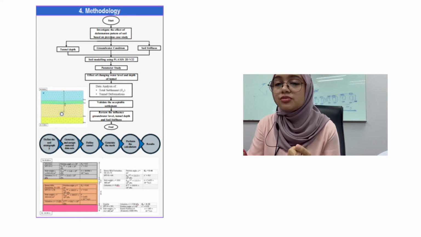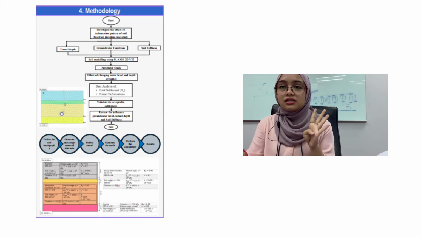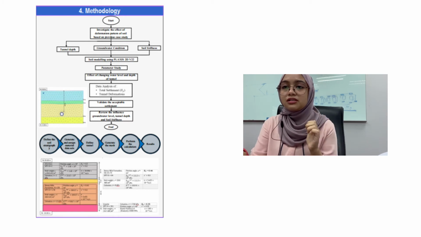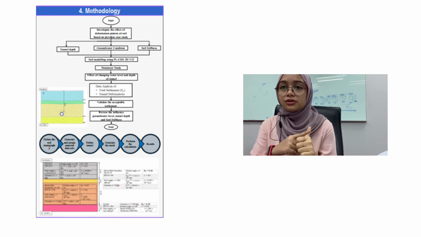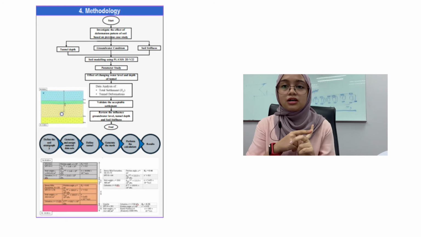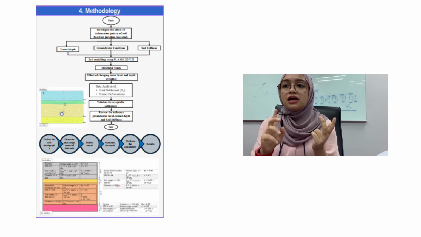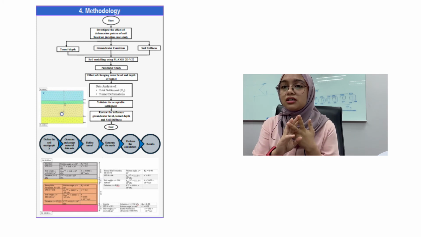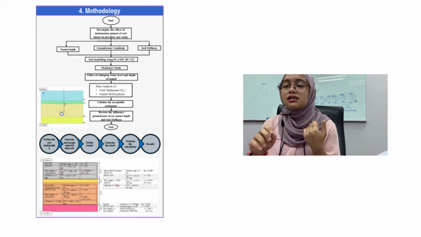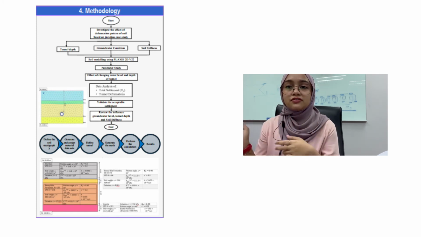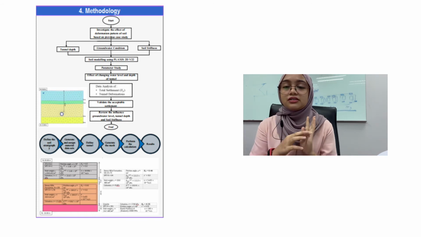So there will be 4 formations that I will implement, which are the alluvium, Kenny Hill formation with SPT N more than 150, Kenny Hill formation with SPT N between 65 to 75, and finally the granite.